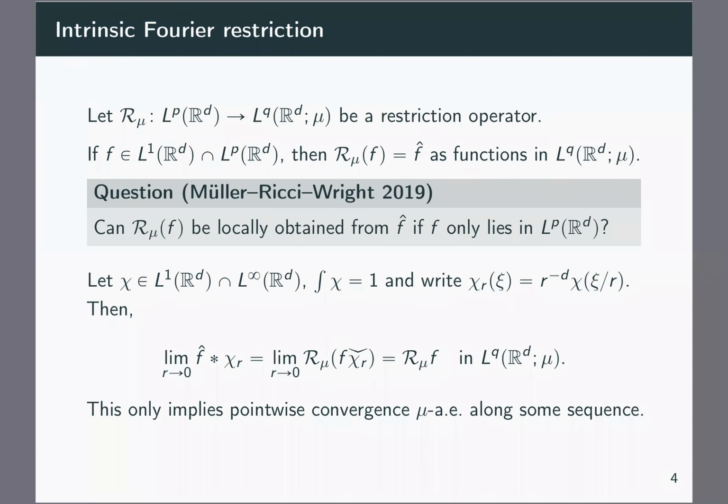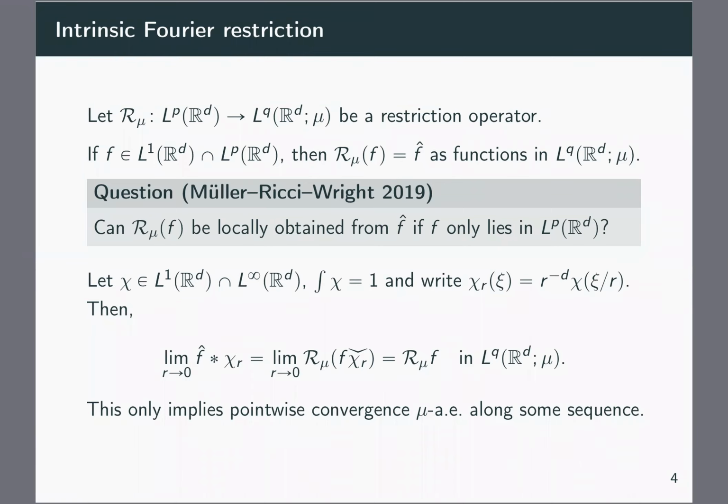So let's first see what the restriction inequality implies. For this, take an averaging kernel chi, which is integrable and bounded. It has integral 1, and we let chi_r be its r-dilation. Then we have that the Fourier transform f hat convolved with chi_r is equal to the restriction operator applied to f times chi_r check.